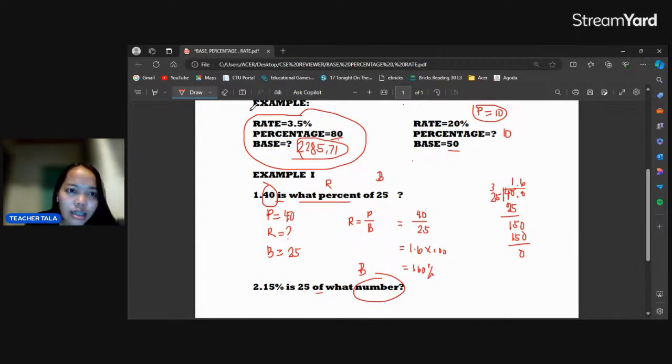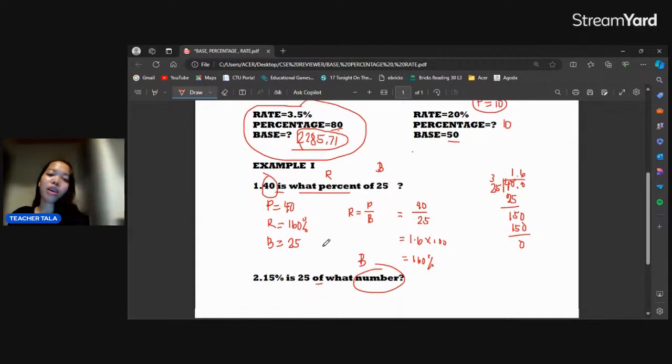So, i-erase na natin si question mark kasi nahanap na natin yung value ng R. Okay? So, lahat tayo may value. Pati si R meron. So, that's 160%. The answer is, rate is 160%.